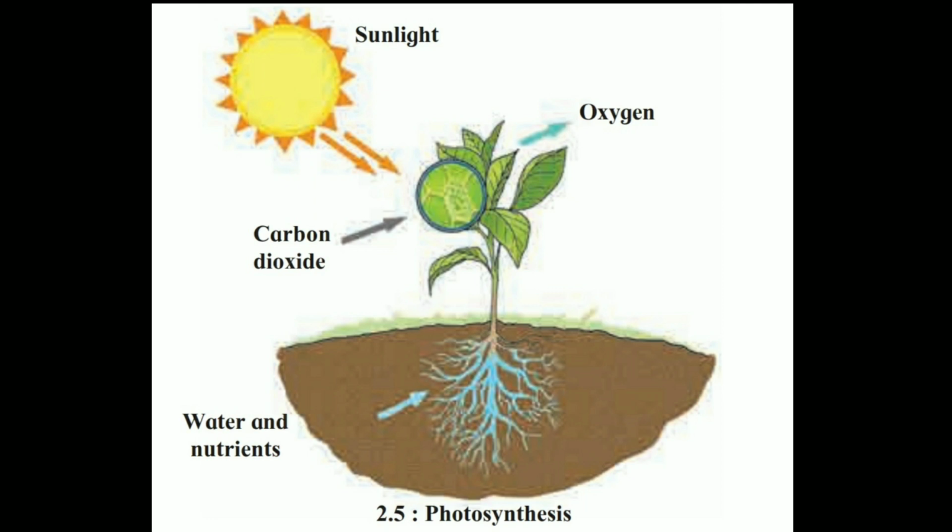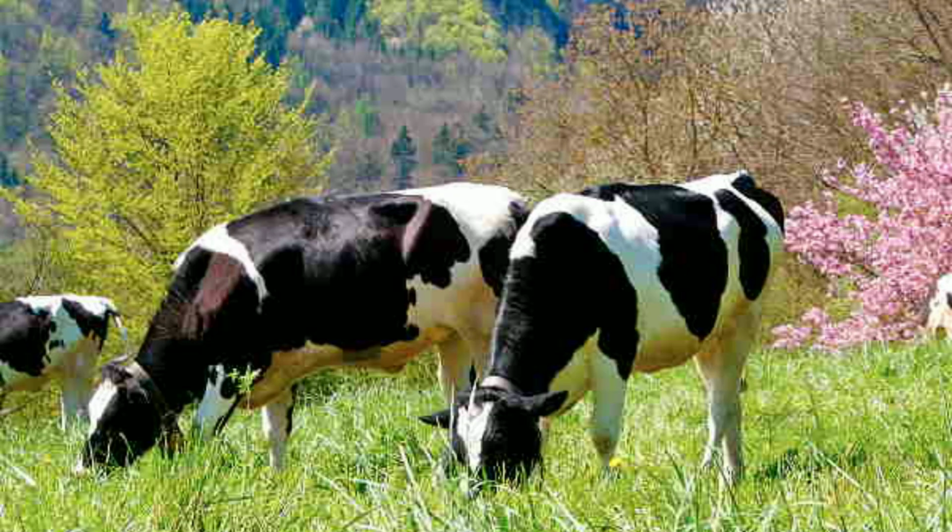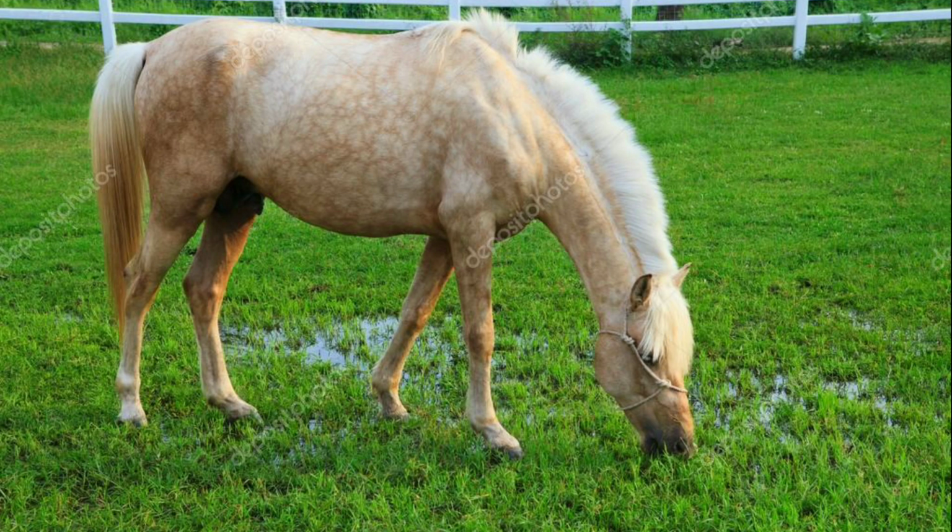The leaves of the plants appear green due to the presence of chlorophyll. But animals do not have chlorophyll. They don't produce their own food. Some animals, such as goats and horses, eat grass.